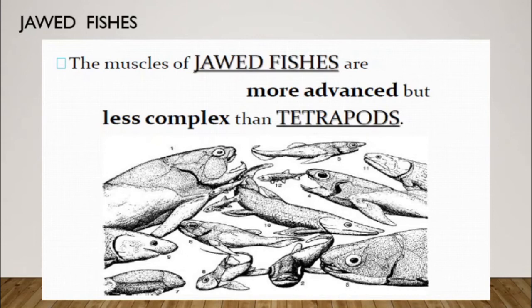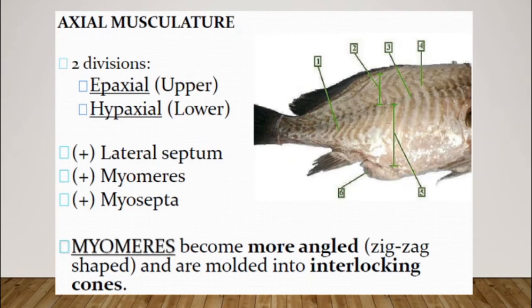Now the muscles of the jawed fishes, or the gnathostomes, are more advanced, though less complex than the tetrapods. So more advanced in relation to the agnathans, or lampreys. In terms of axial musculature, like the agnathans, they have two divisions: the epaxial and the hypaxial, located on the lower portion, or the belly, of the fish.